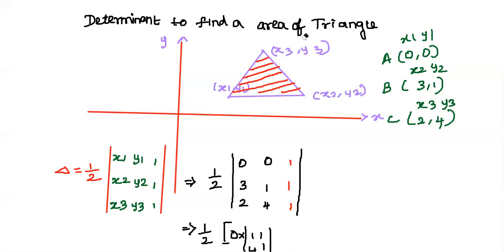And then you'll be writing A12. What is A12? 0. So remember this sign. You have to start with plus and then minus and then plus. Again, you have minus and you have plus, you have minus, like alternating signs.